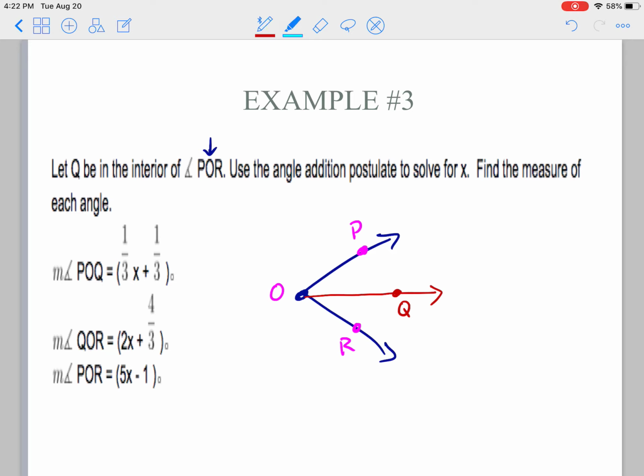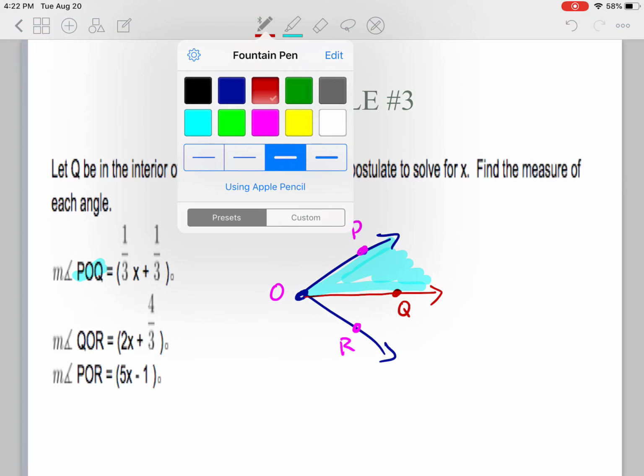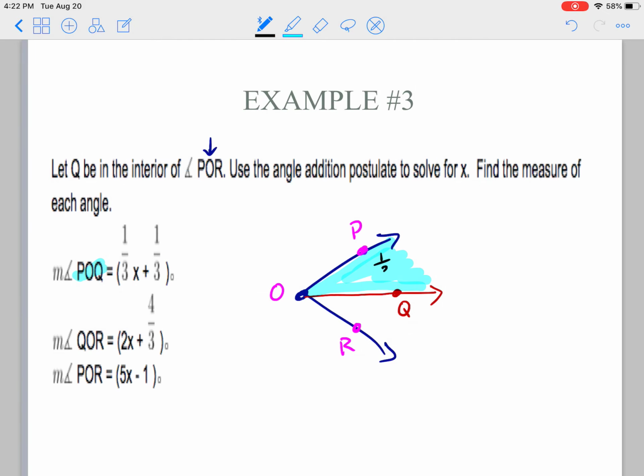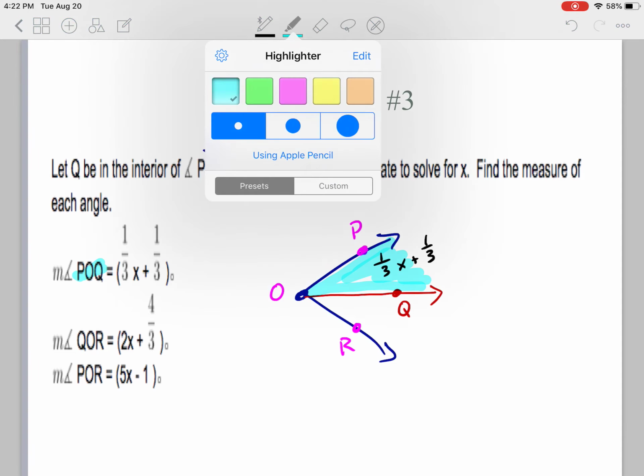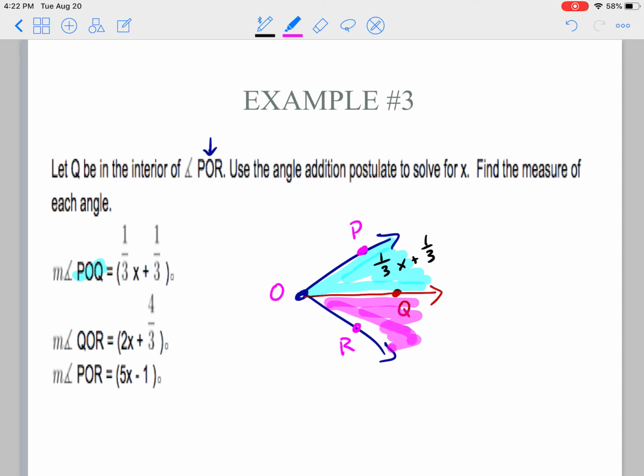If I know that the measure of angle POQ is equal to 1/3 x plus 1/3, and I know that QOR is equal to 2x plus 3, and I know that the total angle, from here all the way around, is 5x minus 1, how would I solve for the measure of each angle?